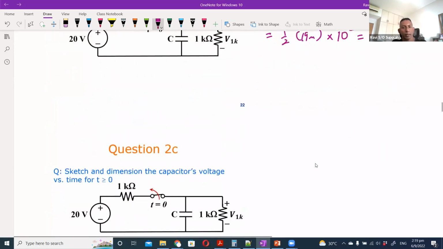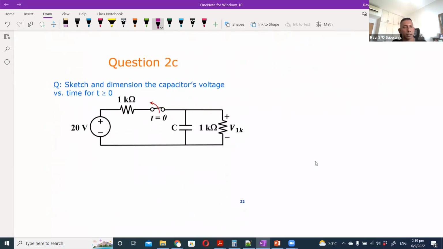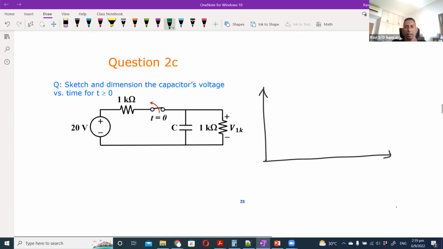Now the last part is to get and dimension the capacitor's voltage versus time. This is again the same graph that we drew just now. We know that the capacitor will discharge like this, starting off at 10.